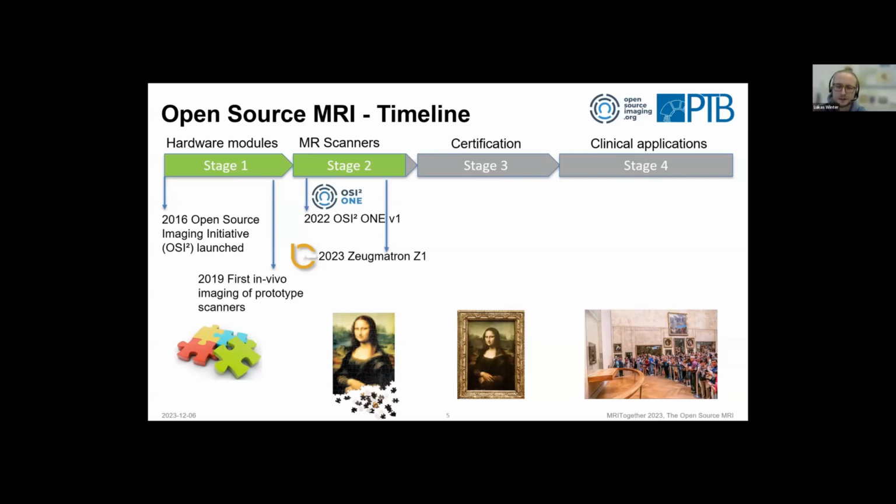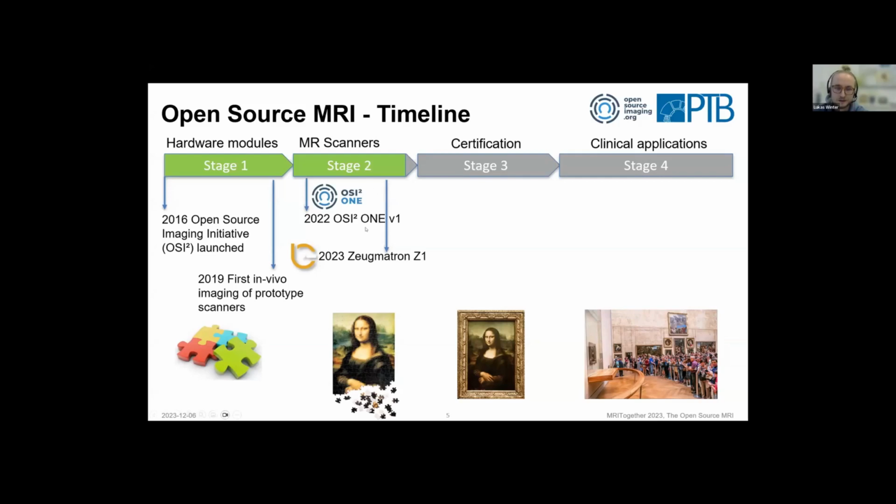There are also some tabletop systems that I don't have time to talk about in this presentation. So I just pick these two. One is the one that Tom was showing, this project that we're working on, this OZ1 system. And one more recently joining the club, which is super cool, is this Zeugmatron Z1. I hope I pronounced it correctly. And this was a recent hackathon that happened in New York by a lot of people and a lot of institutions.